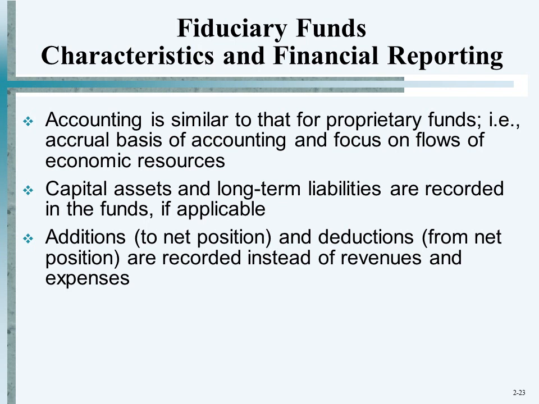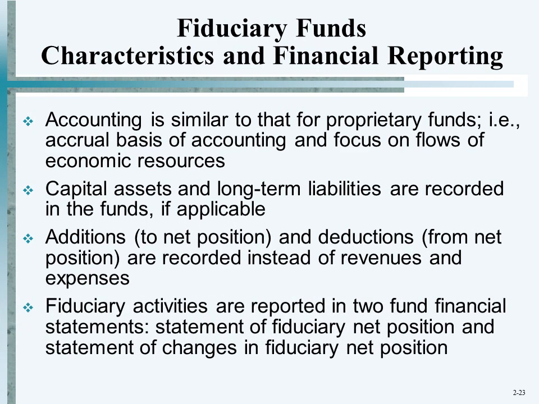By definition, the government is holding it for someone else. So those inflows and outflows don't need to be confused with income and expenses of the general government. And they only use two financial statements: a statement of net position, or a balance sheet, and a statement of changes in fiduciary net position.